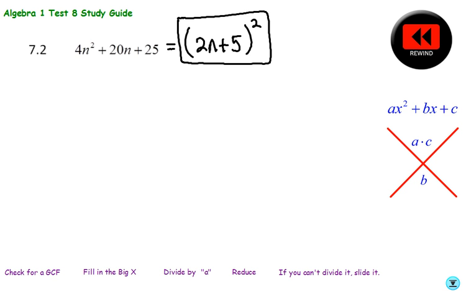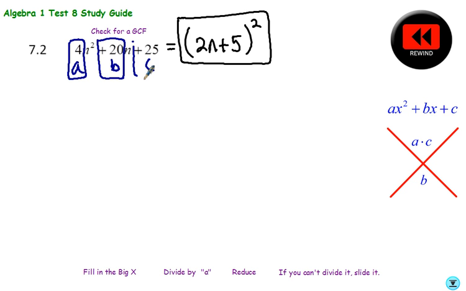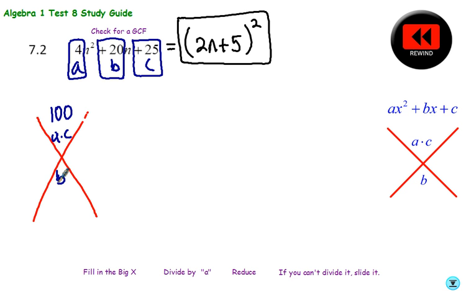So checking for a GCF. Same thing here as always. No number goes into 4, 20, and 25, however. So I can go straight to labeling my A, B, and my C. And let's go ahead and fill in our big X. So I'm looking for 2 numbers that multiply to 4 times 25, which would be 100, and then also add up to b, which in this case is 20.